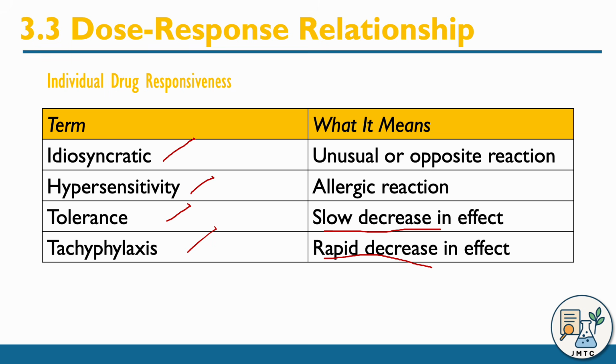After frequent use, wala nang relief. Hindi na siya nag-work. So it's different from tolerance because tolerance is slow yung kanyang decrease in effect. While for tachyphylaxis is fast. So memory cue natin dito, tachy, parang tachycardia, fast. Fast yung decrease sa effect natin.